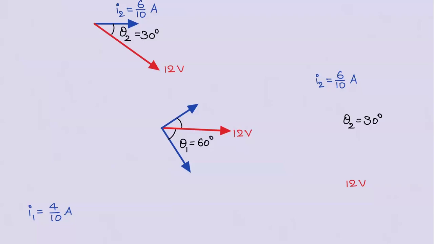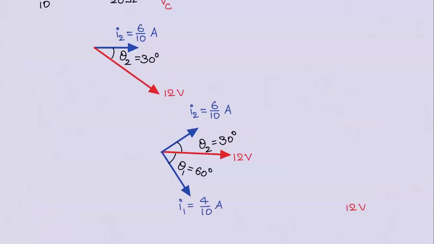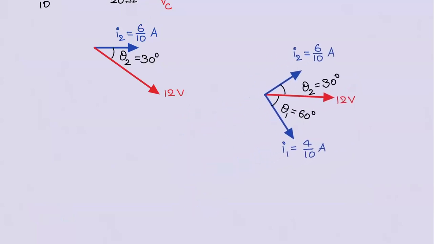This is first one. Second one, theta 2 is 30 degrees. I2 is this one. Bada. We got the final combination of phase.